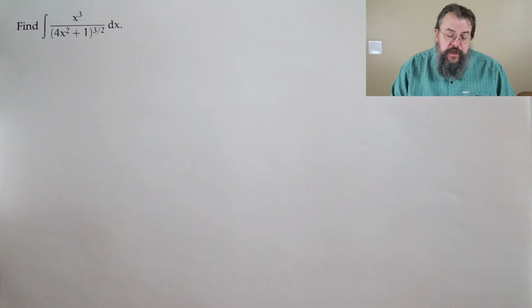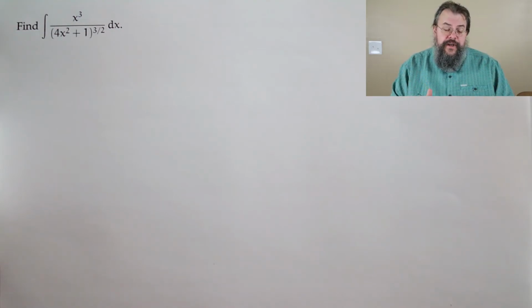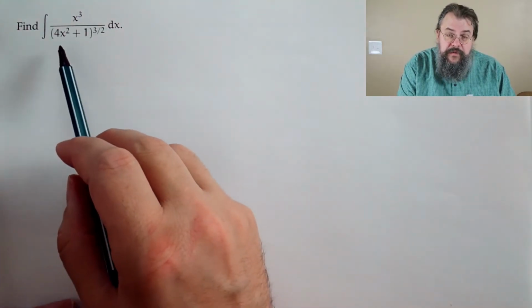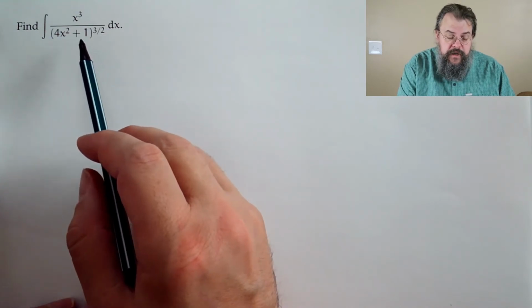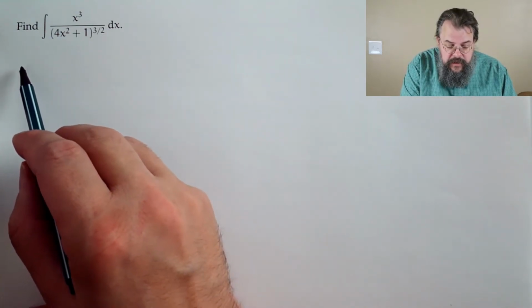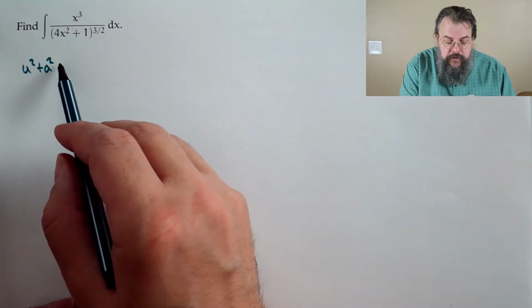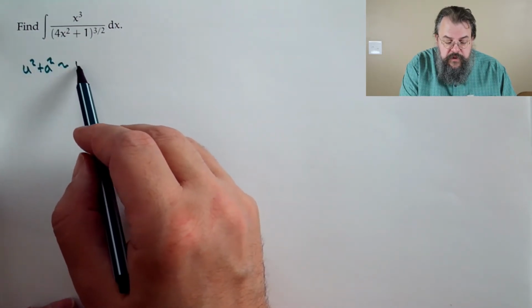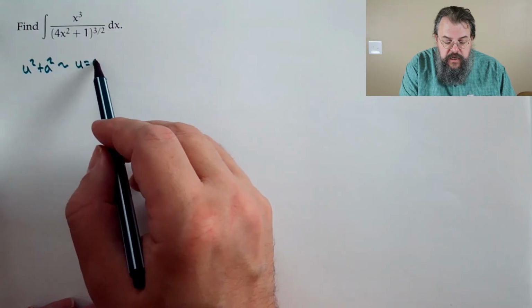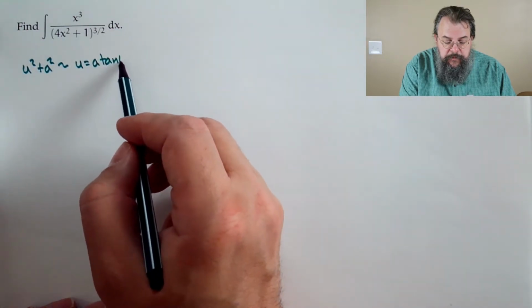If we are thinking trig sub, our cue here is that I see something varying squared plus a number squared. That's the form u squared plus a squared, which tells us our substitution should be u equals a tangent theta.